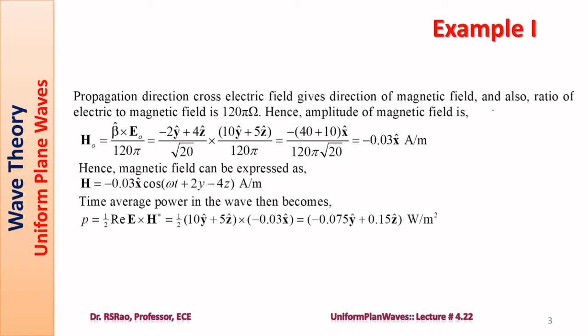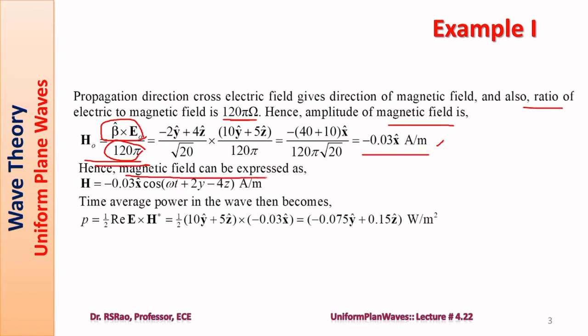So we can consider the cross product, and also the ratio of electric to magnetic field is 125 because it is free space medium. E naught is 125 ohms. Hence amplitude of magnetic field is this. This pertains to direction, this pertains to E to H ratio. It turns out to be minus 0.03 x cap amperes per meter.